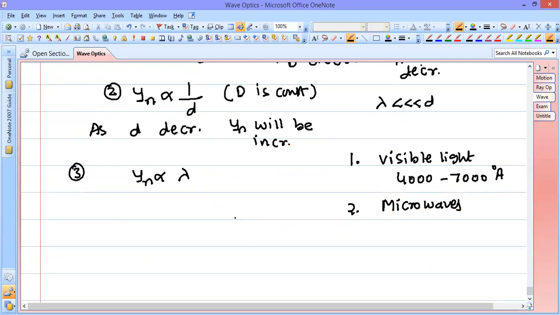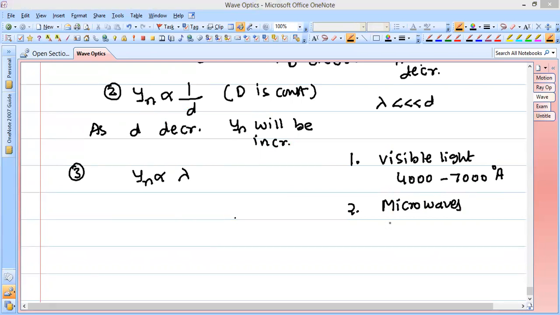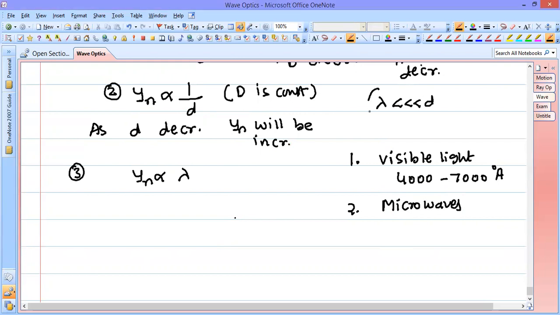The distance between the slits is in the order of centimeters or millimeters. If I consider microwaves, then YDSE will not be possible. That is the condition on the YDSE. And the light rays must be coherent waves.